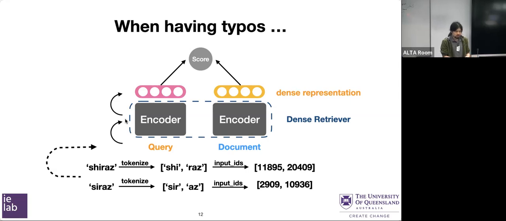BERT doesn't have that much vocabulary, so it can only tokenize this into forms which it may be more familiar with. So the problem is due to the vocabulary of the pre-trained language model not being that large, compared to humans. That's a very interesting question, maybe we can discuss it later.